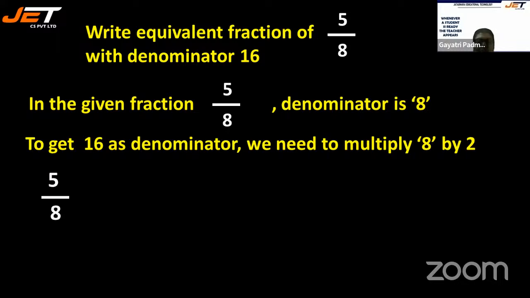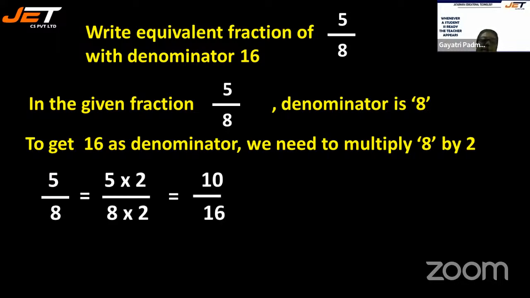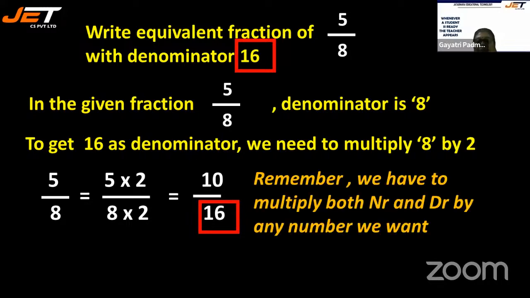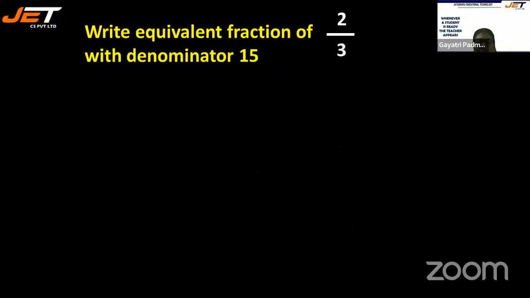So 5 into 2, 8 into 2, you will get 10 by 16. So remember, we have to multiply the numerator and denominator by only one number. You cannot multiply the numerator by one number and the denominator by another number.